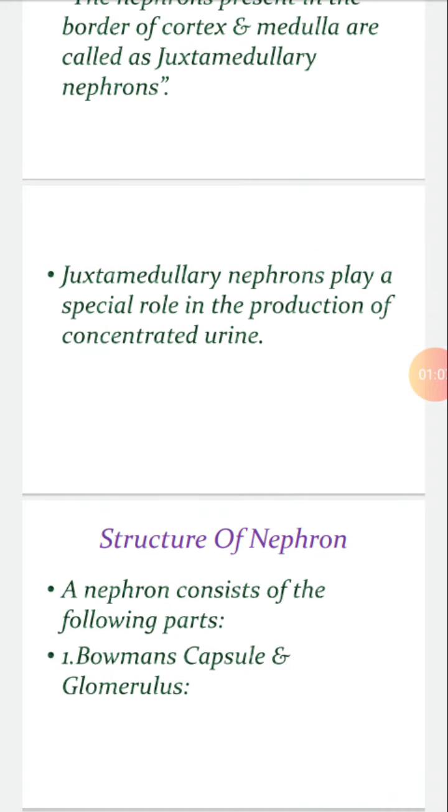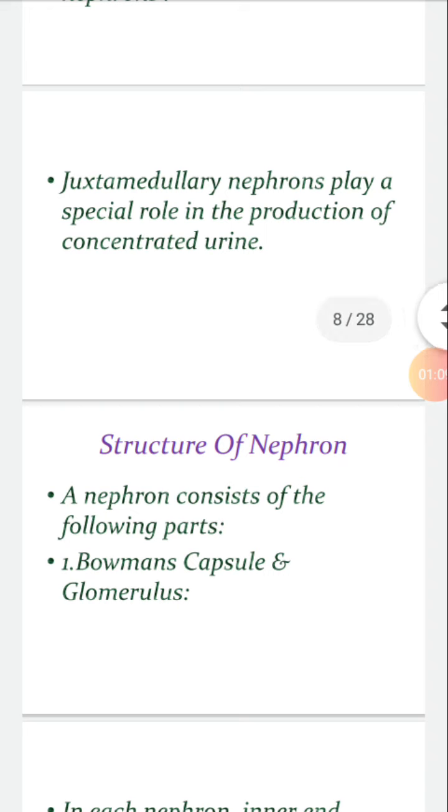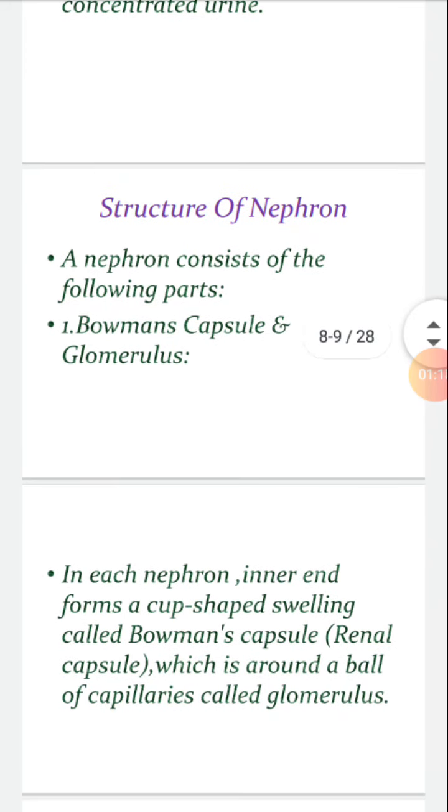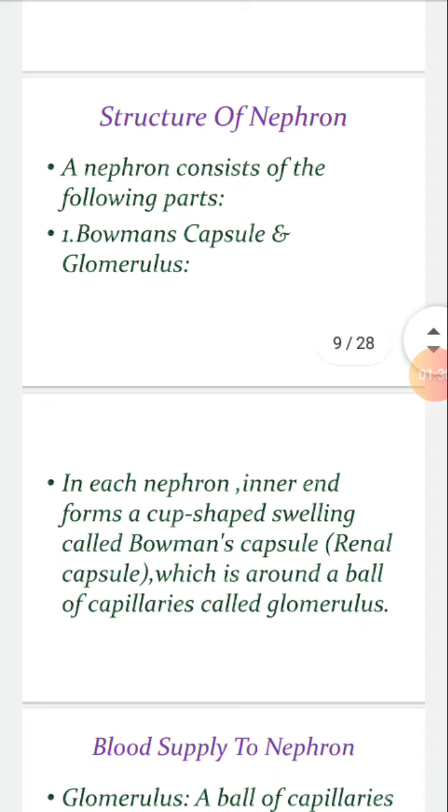Now, the structure of the nephron. A nephron consists of the following parts. Number one is Bowman's capsule and glomerulus. The cup-shaped swelling is called Bowman's capsule, and the ball of capillaries is the glomerulus. In each nephron, the inner end forms a cup-shaped swelling, which is called Bowman's capsule, also called the renal capsule.